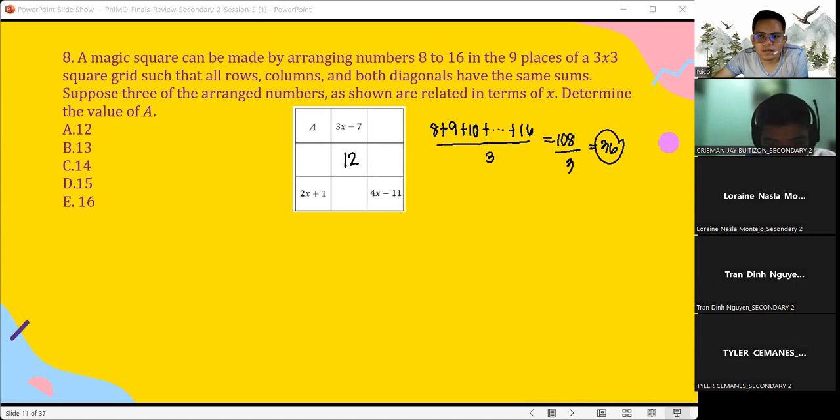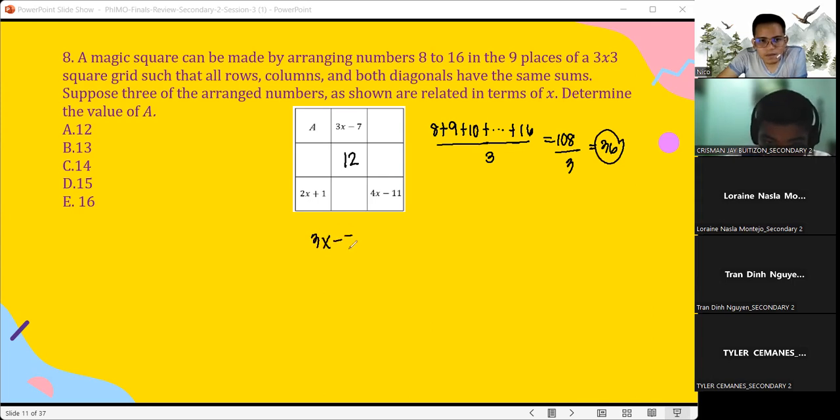Okay. So if this is 12 here, then say for example, this one is equal to y. Wait lang. Can I find a simpler one here? Value of x. Okay. So meaning this one here and this one have the same sum, right?